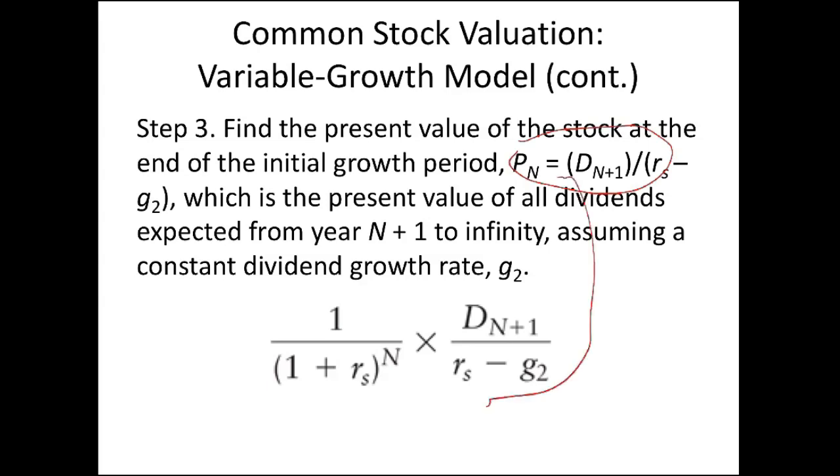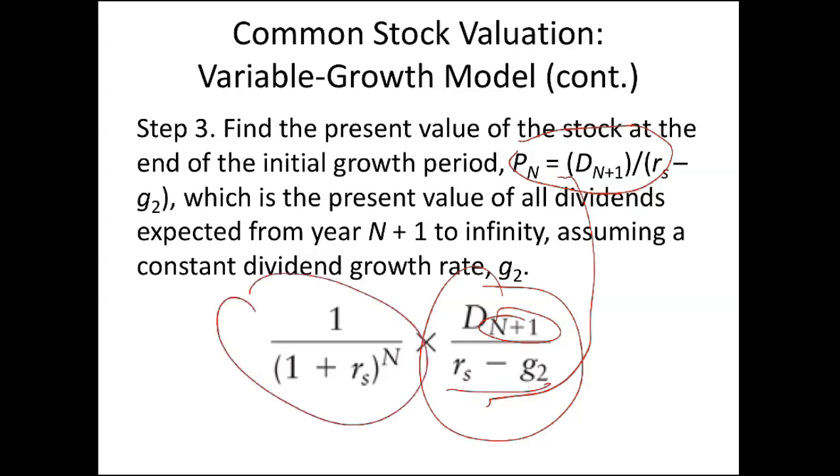In other words, the value of the dividend at period N plus 1, our first period of the constant growth rate, the first dividend in the constant growth rate portion, divided by R minus G. This is simply the factor to find its present value.